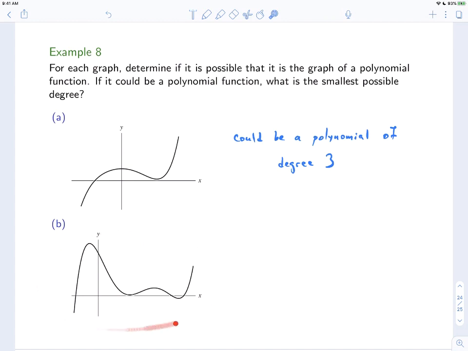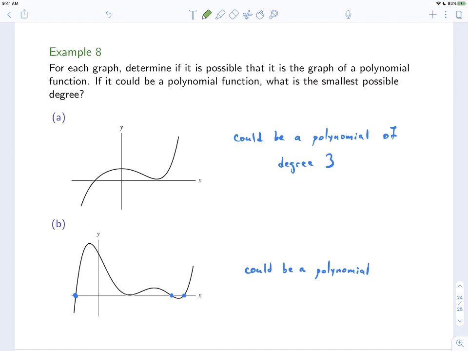What about B? Well, this one could also be a polynomial. It has three intercepts. So that means that the degree has to be at least 3. But let's also look at the turning points here.